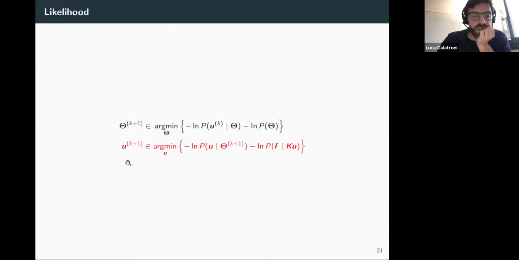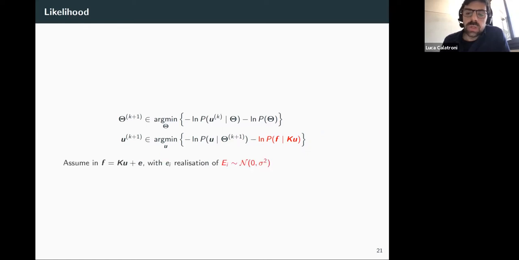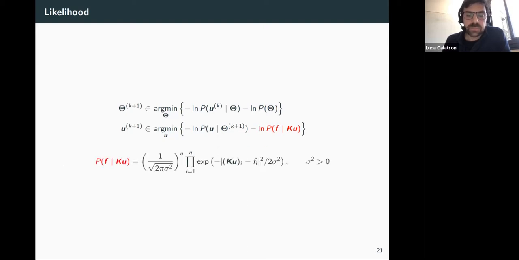So before showing you the results on that, I need to give some more information on the solution computed with respect to u, particularly on the likelihood, because I haven't mentioned which type of noise we will focus on. So, for simplicity, I decided to report just examples corresponding to additive realizations of Gaussian noise, so that the likelihood looks like this.